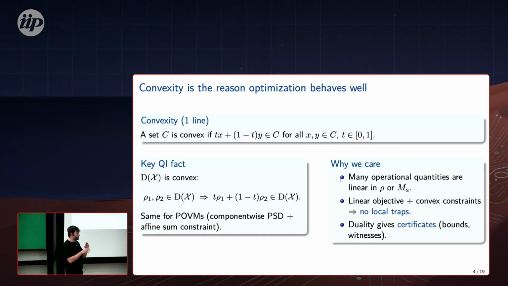But sometimes you might want to constrain the set over which you're optimizing, and very often these constraints also are convex. And most of these elements also have these positive semidefinite constraints, right? So density matrices are positive semidefinite, POVMs as well.